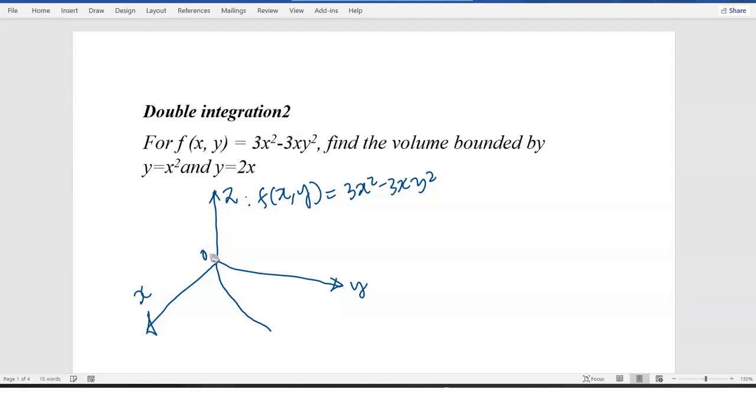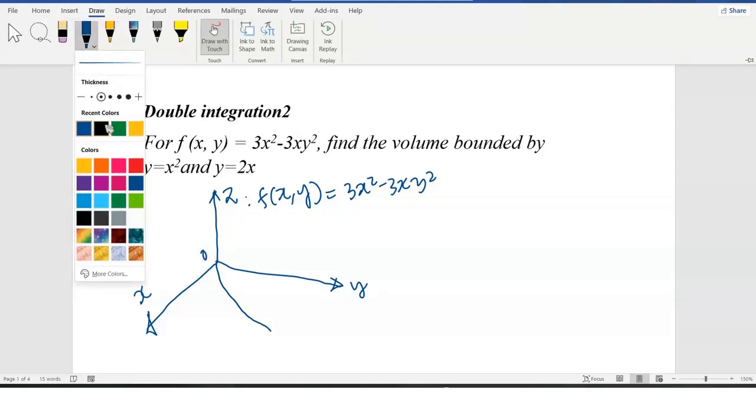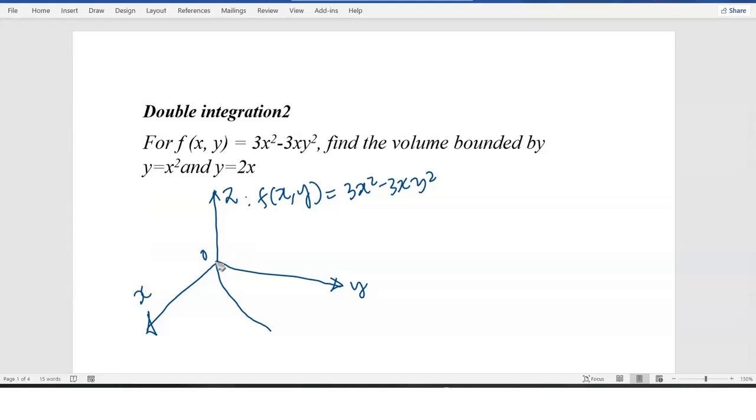If this is the origin, then y equals 2x also passes through the origin. This is y equals 2x and this is y equals x squared.